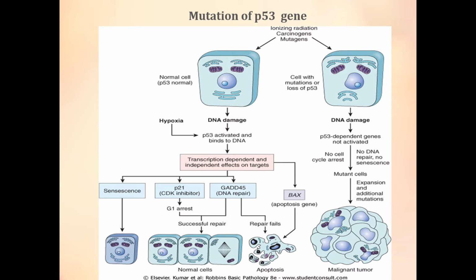And the other genes, P21, P27, P57, control the transition of the cell from phase G1 to the S and from G2 to the M mitotic phase.